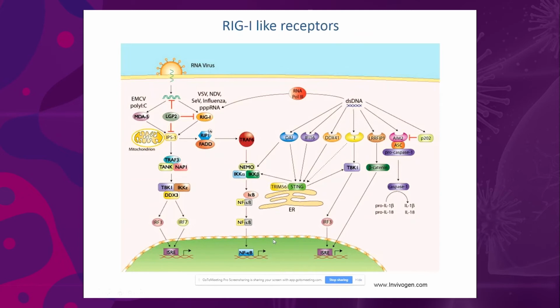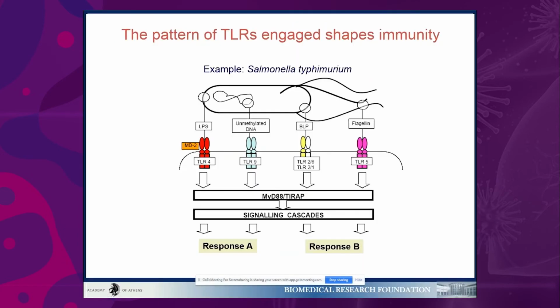So this is, I think, most of the introduction I wanted to make about toll-like receptors, about pattern recognition receptors overall. I just want to put this in a bit of perspective, and of course, as you understand, depending on the ligands that a microbe carries, this shows you here the example of Salmonella typhimurium. So if it has ligands for TLR2, TLR9, 4, and 5, or whatever, this determines also the type of immune response that will become activated.